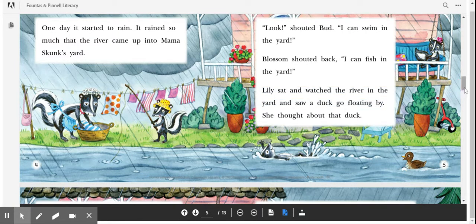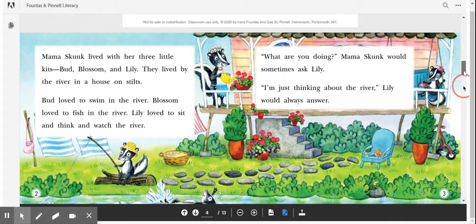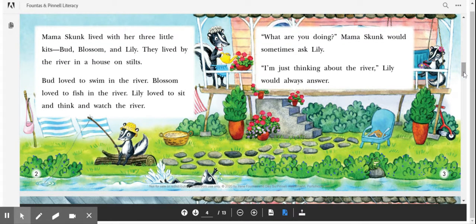I'm going to just let you know this book is about a skunk family that lives near a river in a house that's on stilts, and eventually the house gets flooded from some heavy rainfall. So something you could see at a level K is the setting of the book might not be typical of a child's experience.